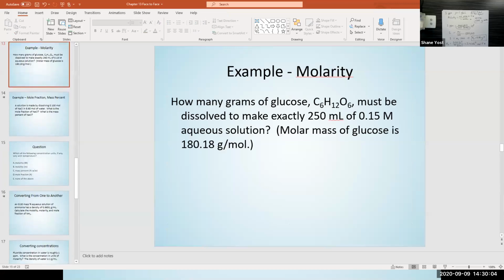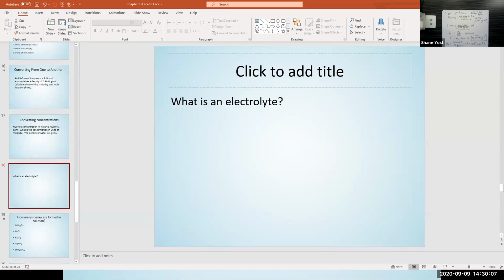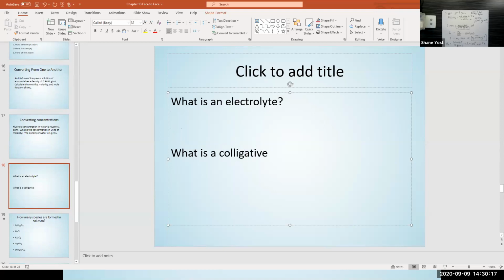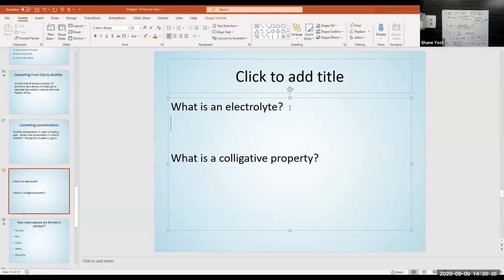What is an electrolyte? Right. What's an electrolyte? What's a colligative property? We'll have some other questions we'll try to pop up here. Let me share this screen for those on Zoom. So the first question is, what is an electrolyte?